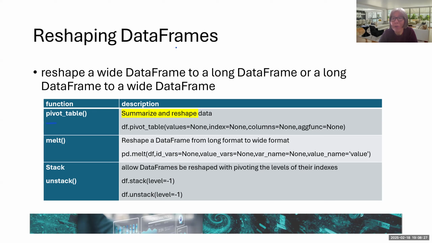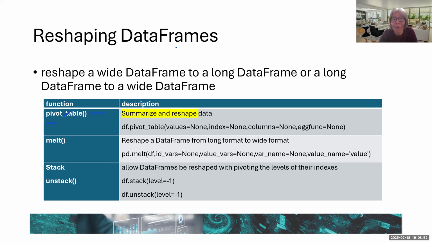The pivot table is also used a lot. The pivot table is not just a reshape, it also provides some summarization, so if you want to do some summarization for your data along with the reshape, you can pick a pivot table.